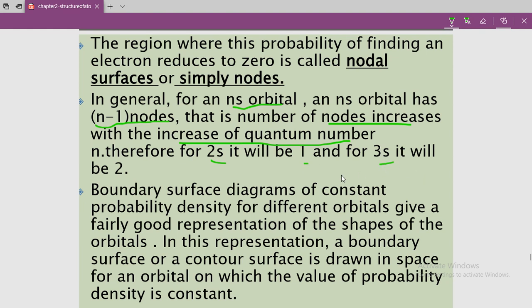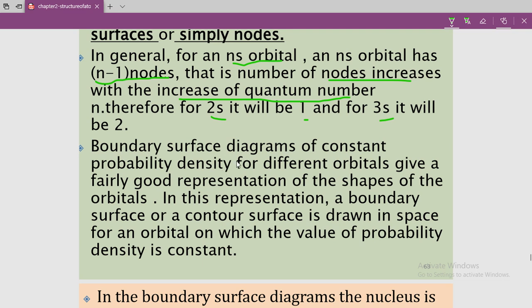Good. And boundary surface diagrams of constant probability density for different orbitals give a representation of the shape. What will be the shape? The shape of the s orbital is spherical.